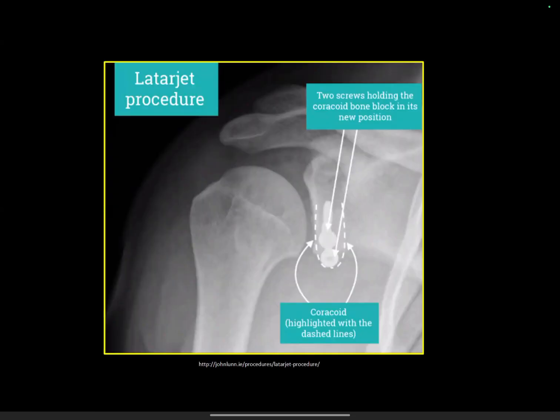All right. So in case I had a large bony defect within the glenoid, we need to fill this defect. One of the ways to do it is the Latarjet procedure, in which there is removal of the coracoid and reattachment of the coracoid within the bony defect within the anterior glenoid, and thus to decrease the likelihood of instability.